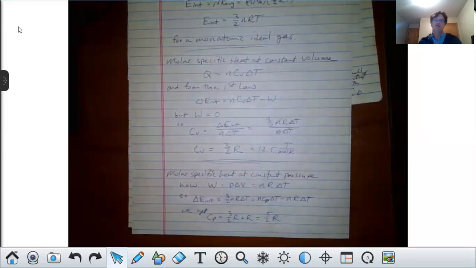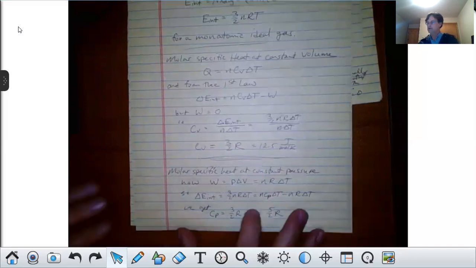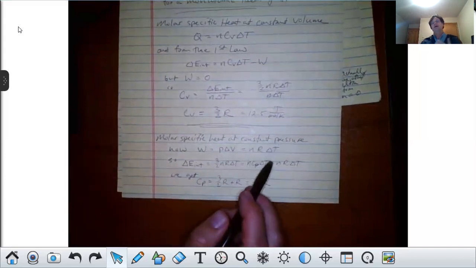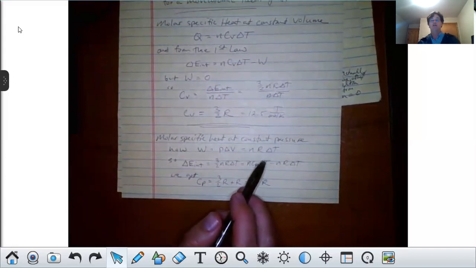So what this means is it takes 12.5 joules to increase the temperature of an ideal monatomic gas at constant volume by 1 Kelvin for 1 mole of the gas. We could also talk about the molar specific heat at a constant pressure. Now in this case, there's going to be work done by the gas.